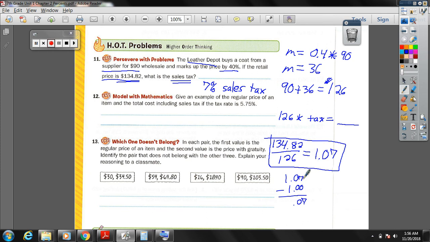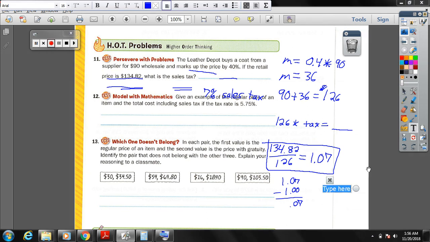Or we could do a much longer way, which would be subtracting 126 from 134.82 and getting a value of 8.82.